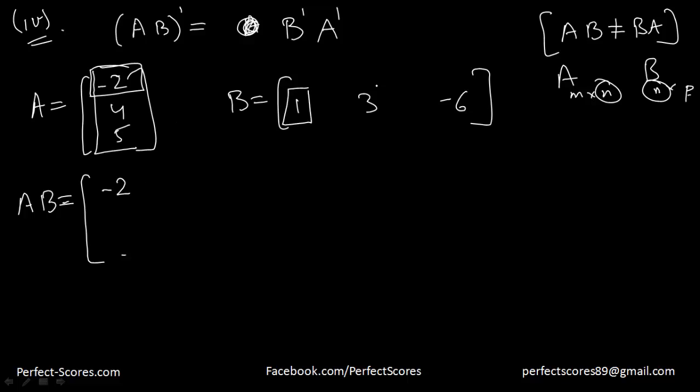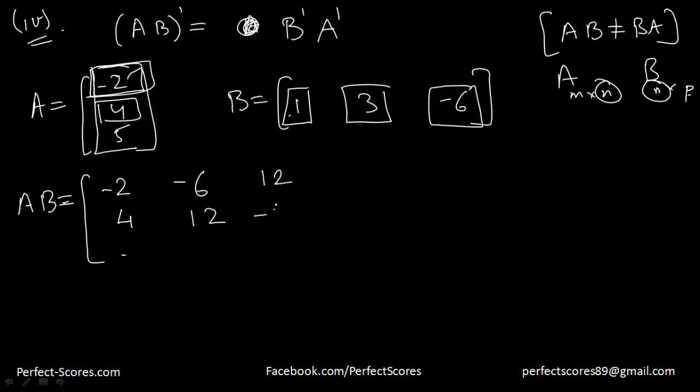Then I multiply this row into this column here, which is going to be -6. This row with this here, which is going to be +12. Similarly, this into this is going to be 4, then it's 12, and then it's -24, then it's 5, 15, and -30. So that is A into B, right?